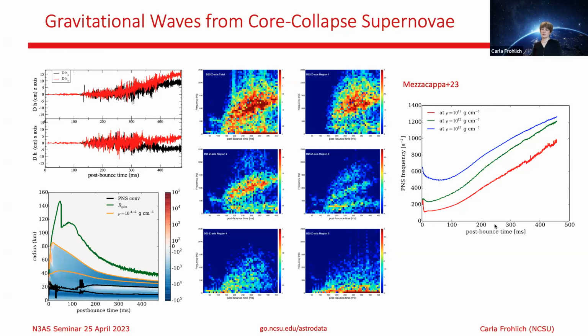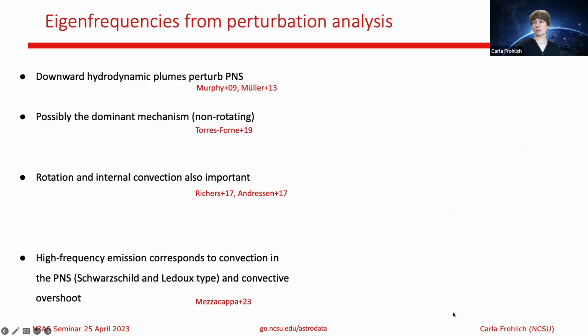For the analysis we did, because our simulations are spherically symmetric, we do not get an amplitude of the GW signal. So we were guided conceptually by the plot on the right: there's a dominant frequency of the GW signal that comes from the protoneutron star region, and that's contributing the most to the amplitude of the signal. So this is something we can study in 1D: what does this frequency evolution look like?